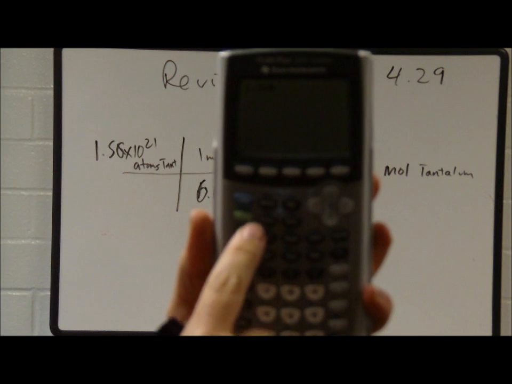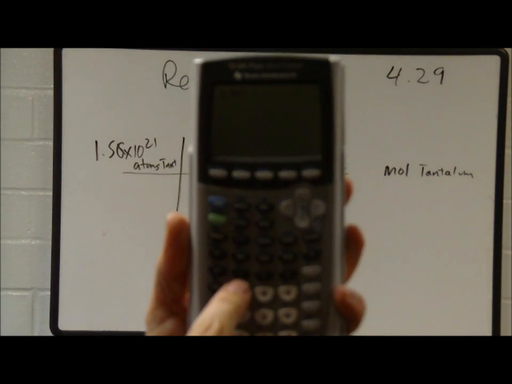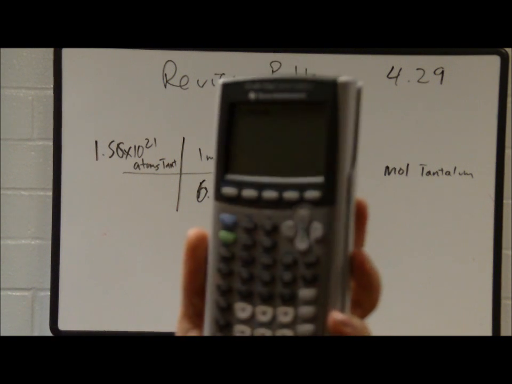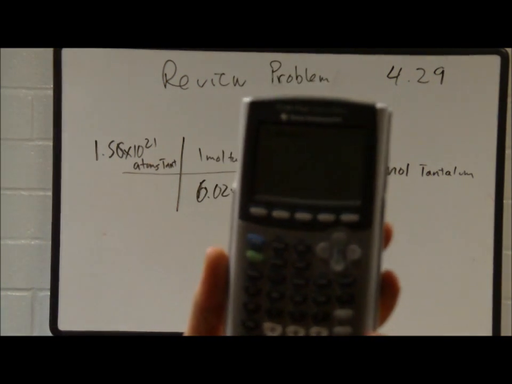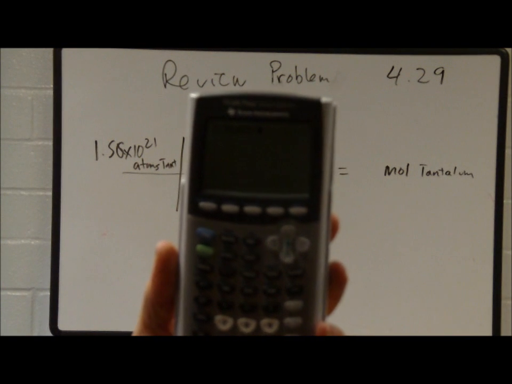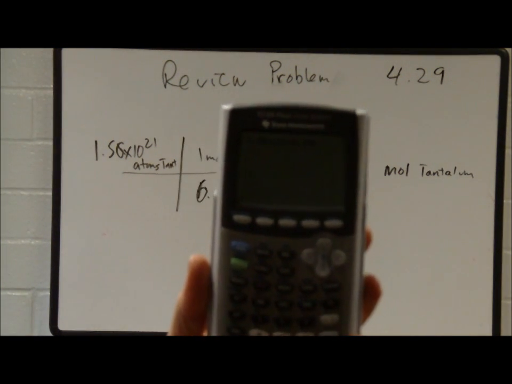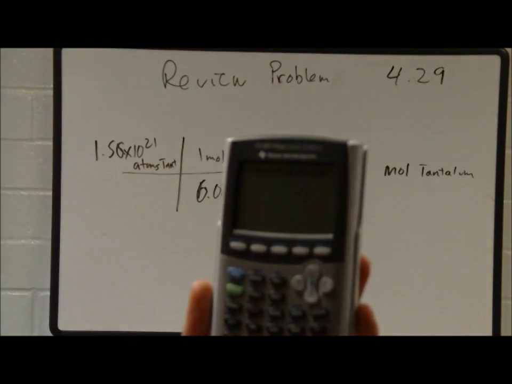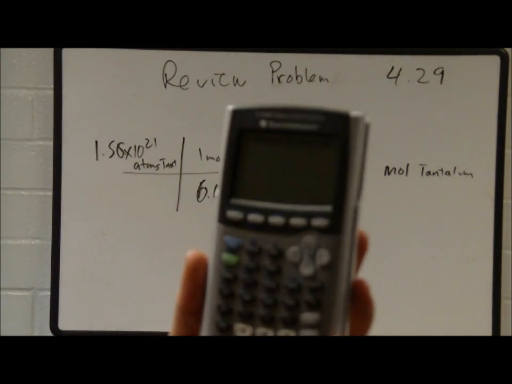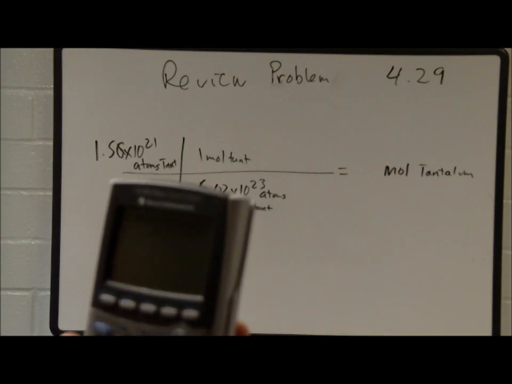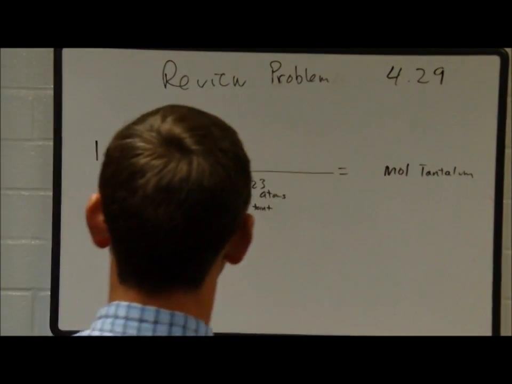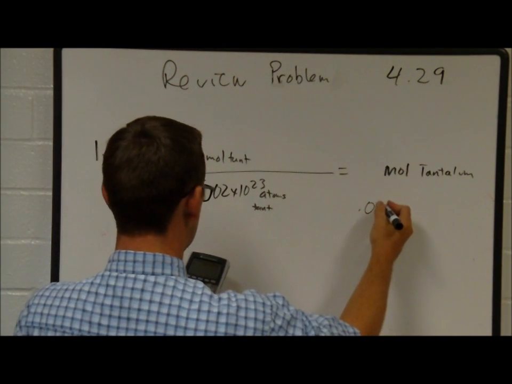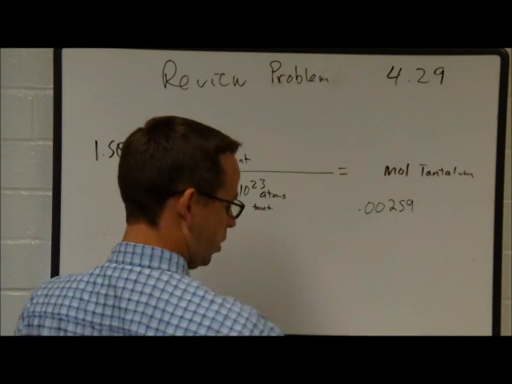Second, this button here, EE, that's times 10 to the, and then you put the number in, times 10 to the 21, and then we're going to divide that by 6.02 times 10 to the 23rd. All right, so that's going to be 0.00259, and we have 3 significant figures. That's 0.00259.